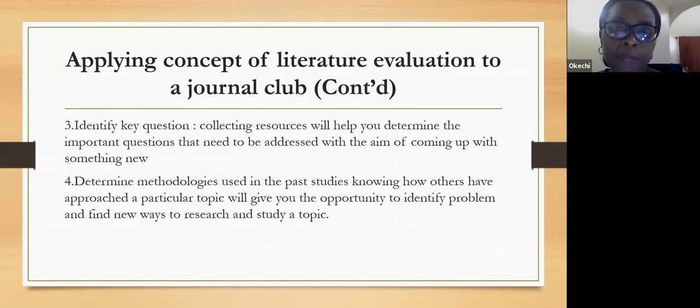Then determining methodologies used in past studies. Knowing how others approached a particular topic is also important to give opportunity to identify and find new ways to research and study the topic. If there is further research or further findings that could be done on it, it can be done, or even suggestions on how the methodologies could be improved. Some mails could be written and sent to those who published it, and that could add to knowledge as well. Let's go to the next slide.